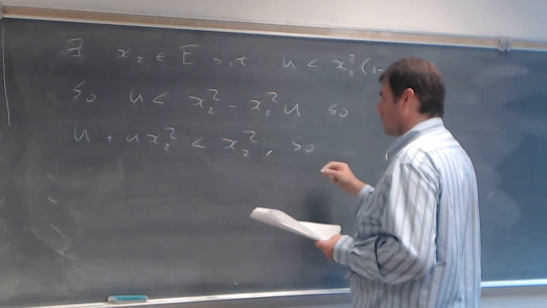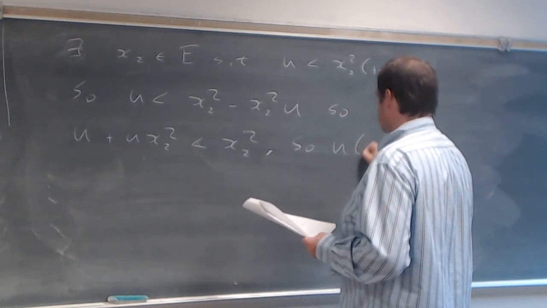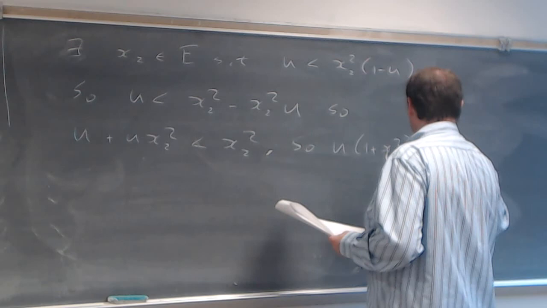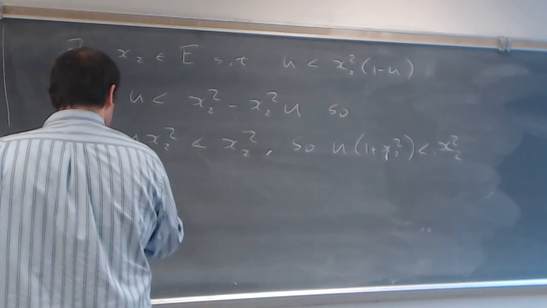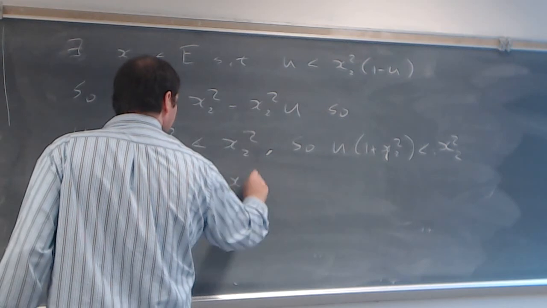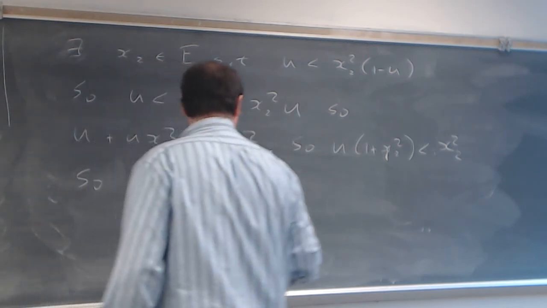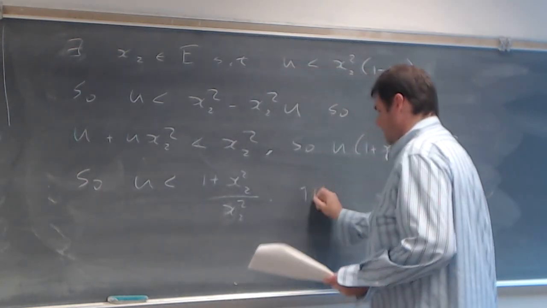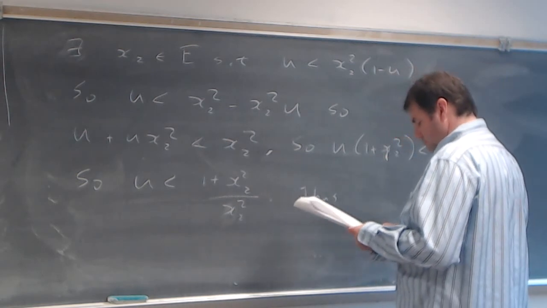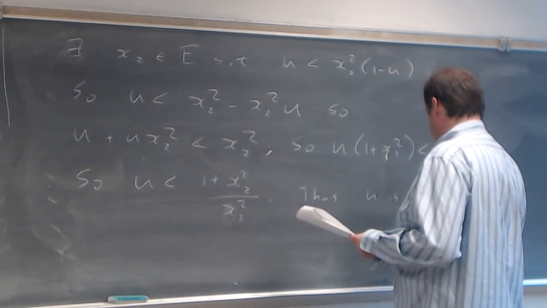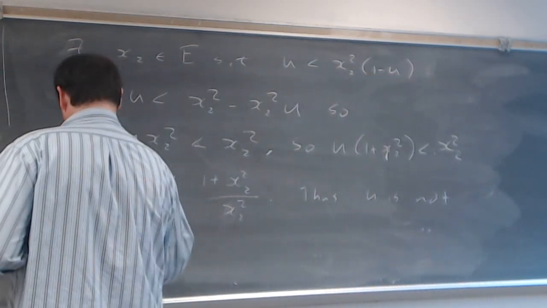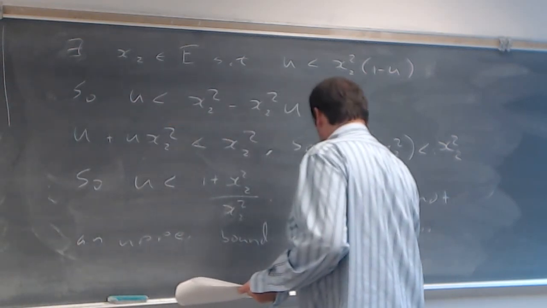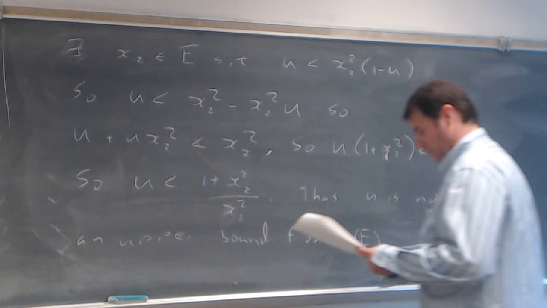So u times 1 plus x of 2 squared is going to be less than x of 2 squared. So that says that u is less than x of 2 squared over 1 plus x of 2 squared. Thus, u is not an upper bound for h of E.